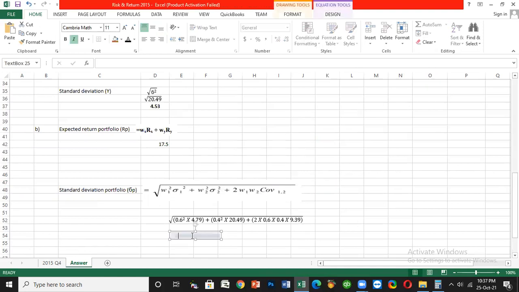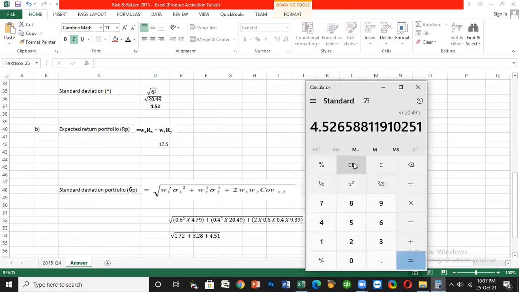Then solve this formula. Let's see how to solve it. 0.6 squared multiplied by 4.79. Then enter: 1.72. Then 0.4 squared multiplied by 20.49.